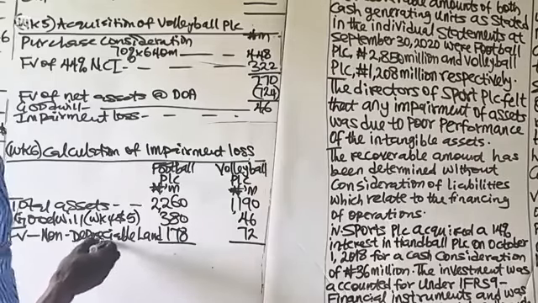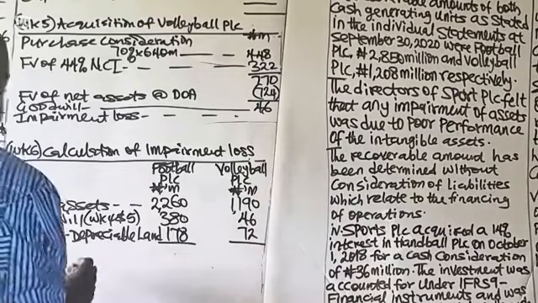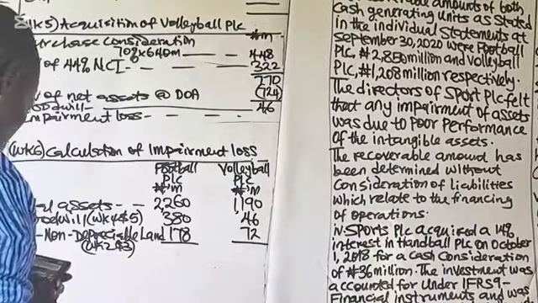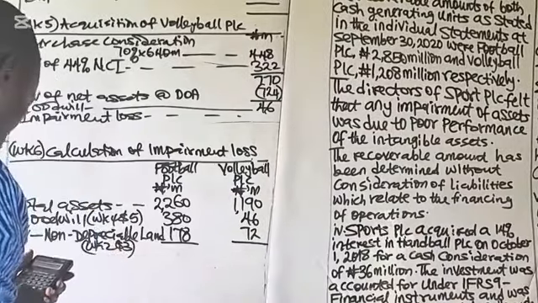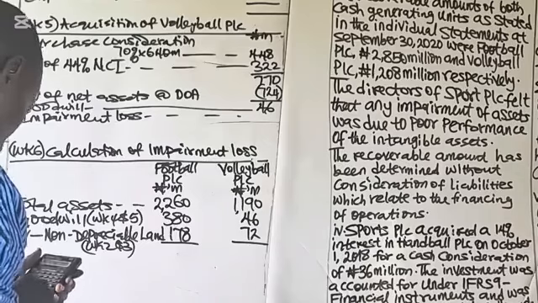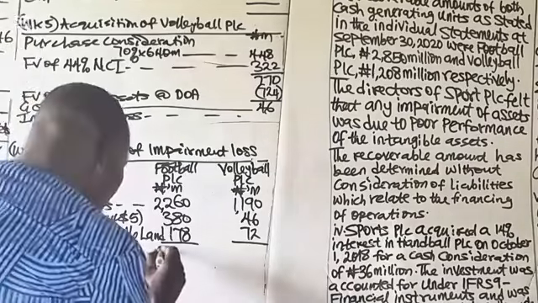This is from summary of net asset, working 2 and 3. Total 2260 plus 380 plus 178. We have 2,818.